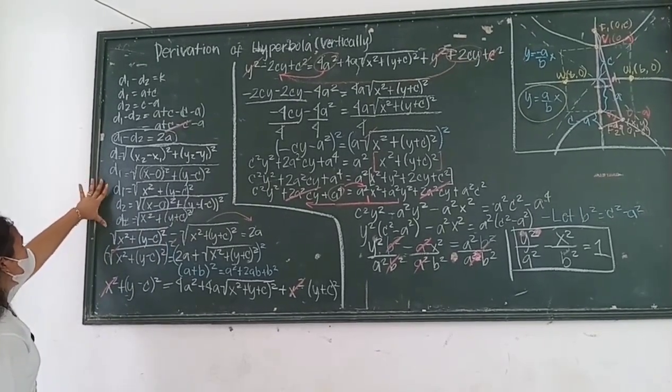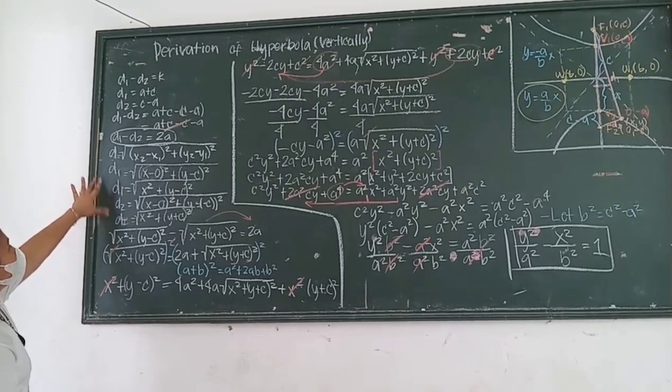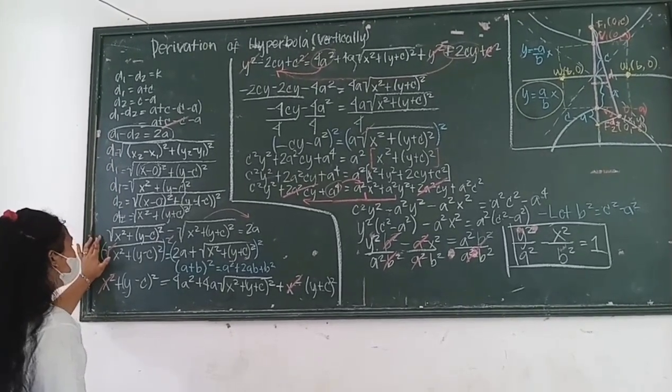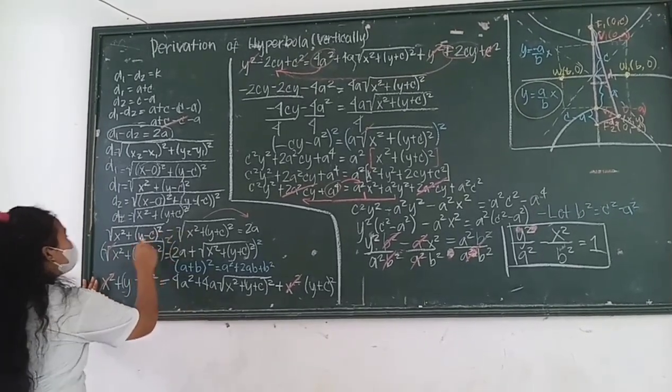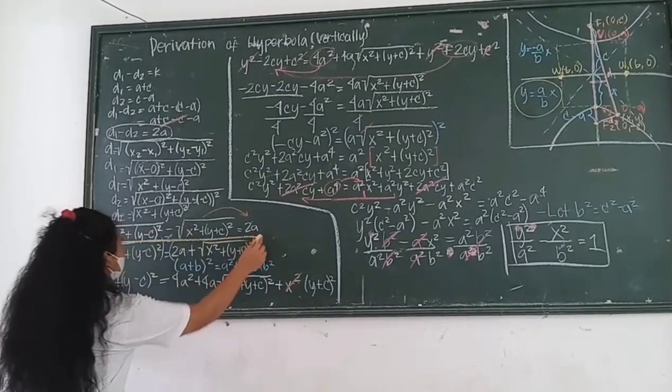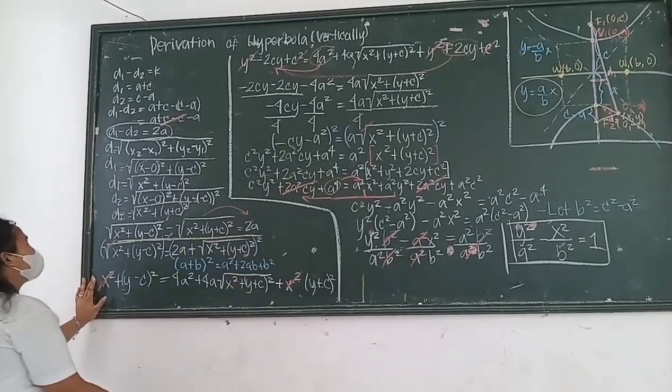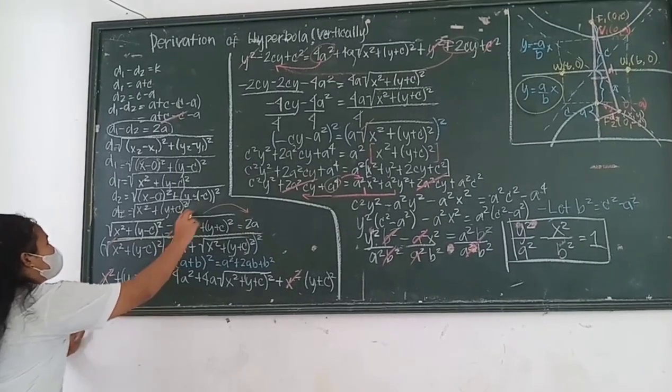So we're going to put the values of distance 1 and distance 2 on this formula, and I have written that here. So again, this is a complicated equation, so we're going to transpose the distance 2 to the other side. So distance 2 will be here.